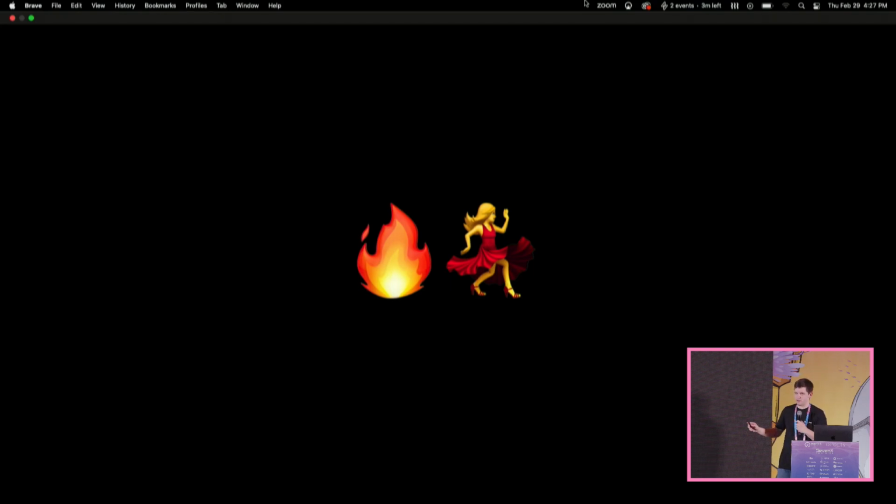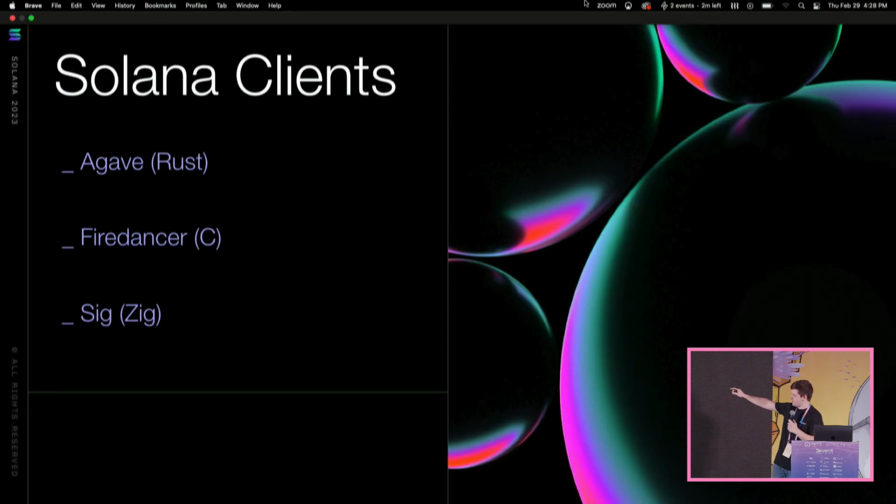And there are a lot more things going on under the hood of Firedancer that make it very exciting. The different clients being built right now are Agave, which is built in Rust, Firedancer in C, and Sig in Zig. Firedancer is building now, versus building while the train was already running, so they get the opportunity to optimize as much as possible on an L1.